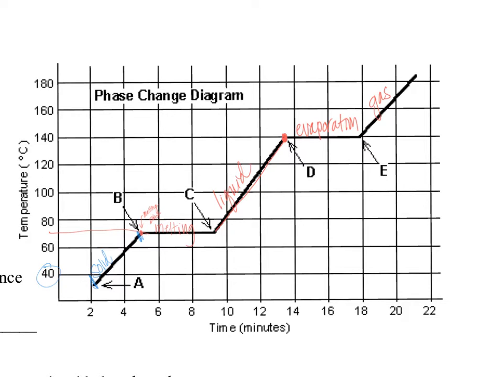Now, the interesting thing is we can also go down our phase change diagram, and we know that we can turn gases into liquids. Okay, so if we're going down this way, moving this way would be condensation. And then it's a liquid for a while, and now if we're moving a liquid into a solid, we can call that freezing.